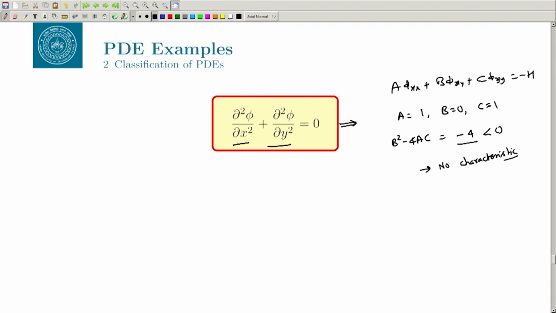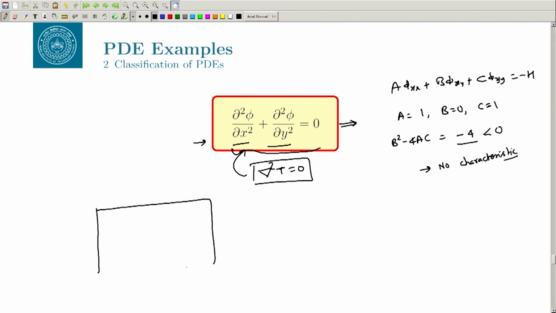So, this equation, if you write it as del square T equal to 0, that is also the same equation. This is the steady state heat conduction equation in 2 dimensions. So, let us say you have a domain like this, and you put some disturbance here in the beginning, let us say you put a heater there, and you may have some boundary conditions here.